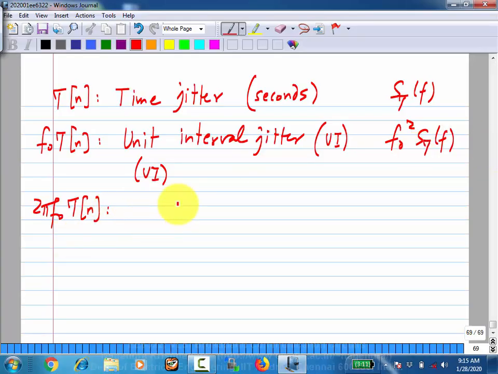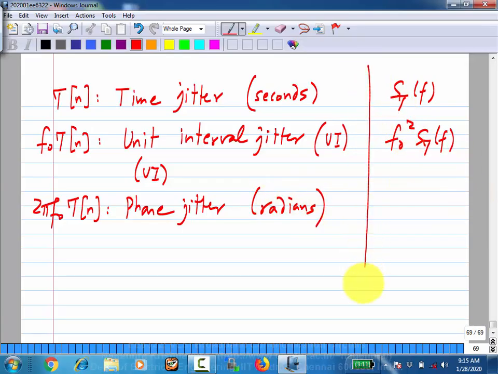And what is this now? 2 pi f naught tau of n. Phase. Basically this is the displacement as measured in radians. And this has a spectral density 4 pi square f naught square S tau of f. Is this okay?